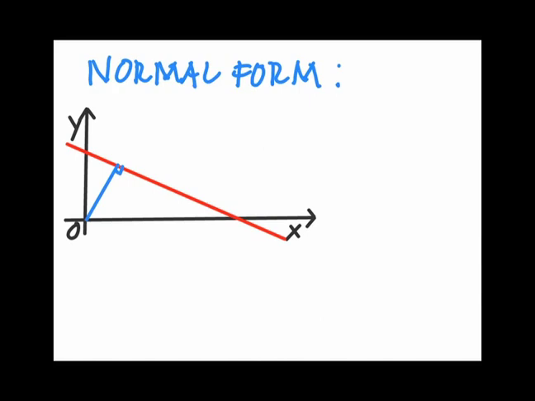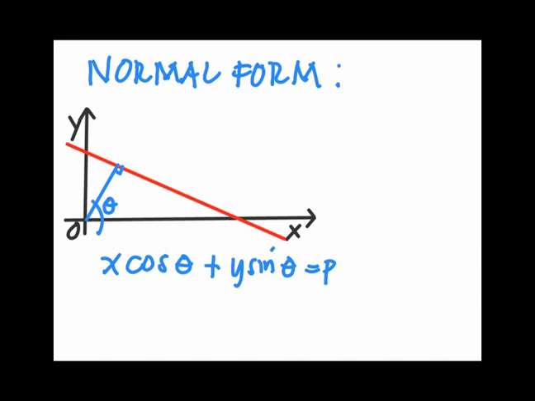Let's denote by theta this angle here. We can now write the equation of the line in normal form given by this equation: x cosine theta plus y sine theta is equal to p.